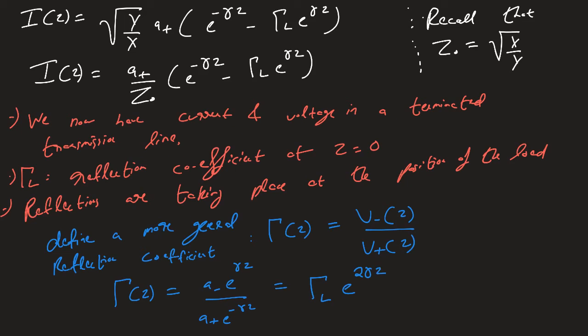And of course the general gamma at z equal to 0 must be equal to gamma L, because by definition that's what it is. So we can also define a general reflection coefficient.